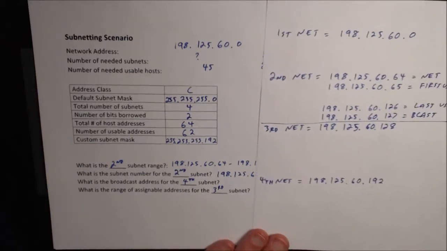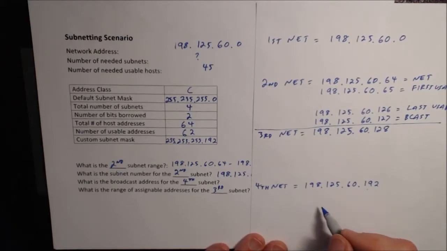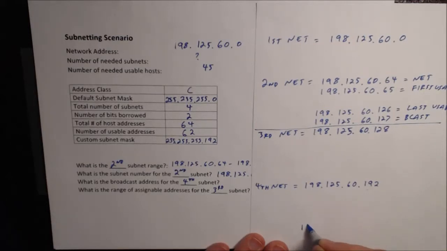All right, so we're going to go back to our process here. Now, if we added 64, which will come up with an incorrect value because we can't get to 256, but if we just did it for the sake of getting the math right, really this would be 198.125.61.0 because we can't do this.